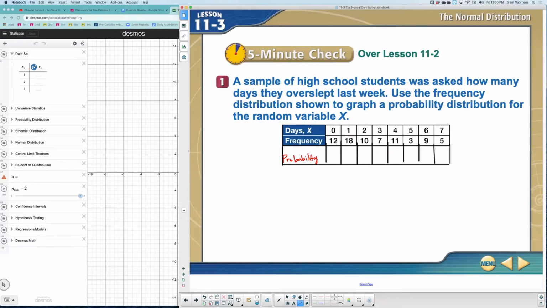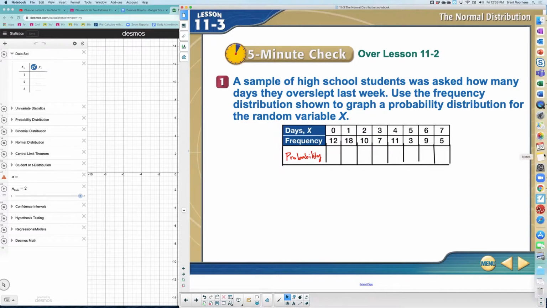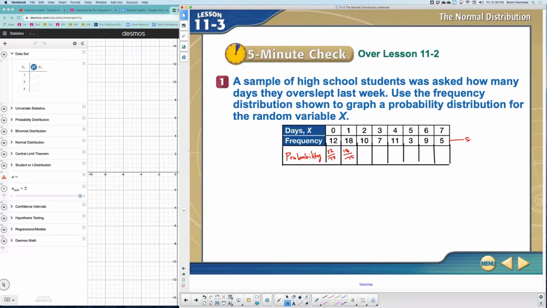And so if I have my values correct as we go across, the probability of each one would be, in this first case, 12 divided by 75. This one would be 18 divided by 75. So this right here, the sum I got was 75.